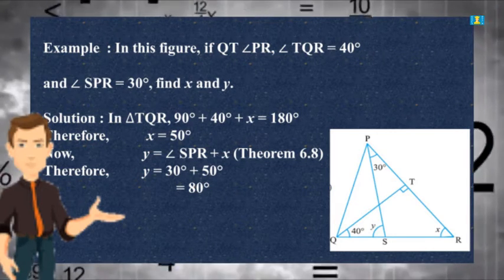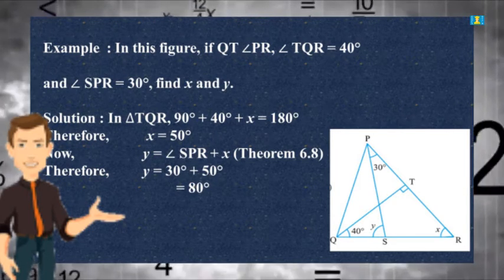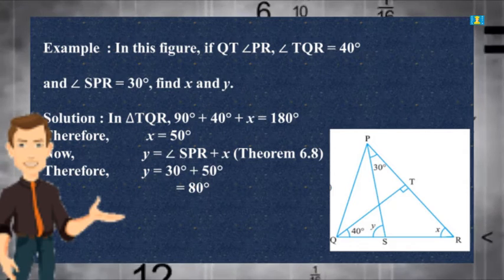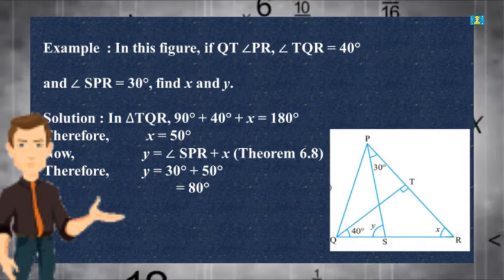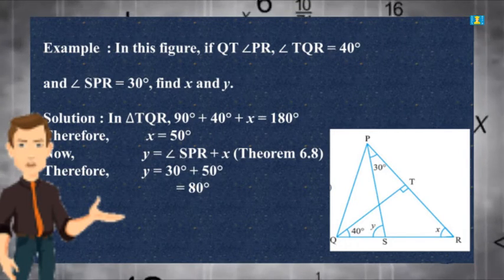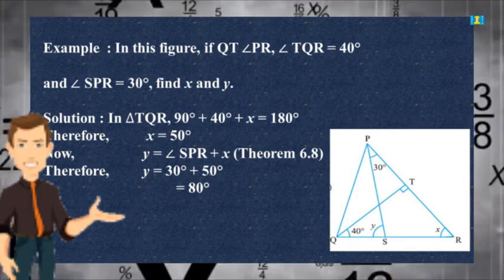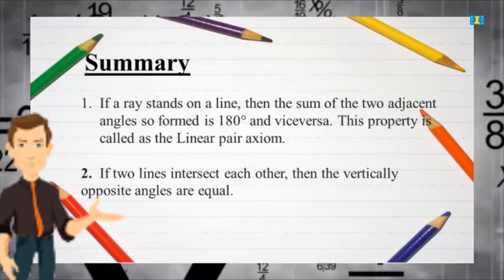In triangle TQR, 90 degree plus 40 degree plus X is equal to 180 degree. Therefore, X is equal to 50 degree. Now, Y is equal to angle SPR plus X. Therefore, Y is equal to 30 degree plus 50 degree. That gives 80 degree.